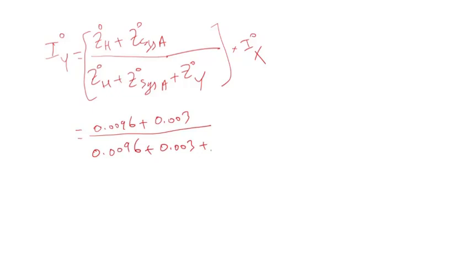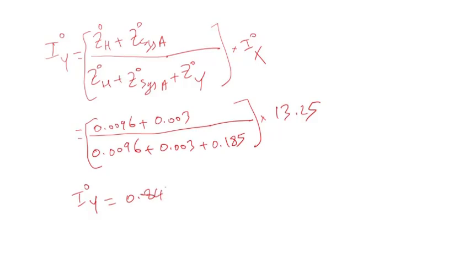And the zero sequence of the Y is 0.185. And I calculated I0X to be 13.25. So if you carry out the calculation, I0Y is 0.8449 per unit.